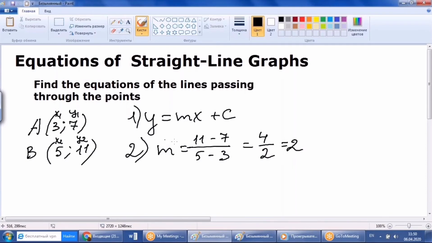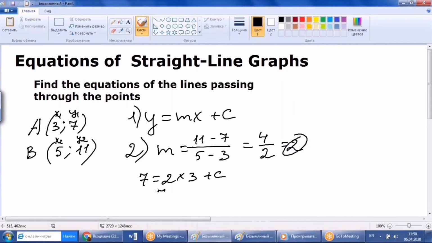Then we substitute our gradient and our point, A or B, into the equation y equals mx plus c to find c. For example, I substitute the point A. Y, 7, is equal to m, 2, multiplied by x, 3, plus c.